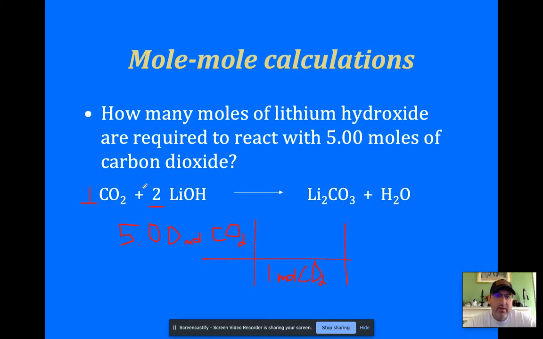Then we have this right here. We have 2 moles of LiOH.